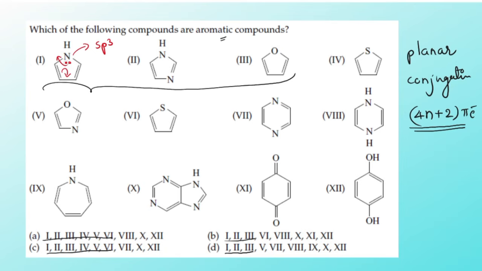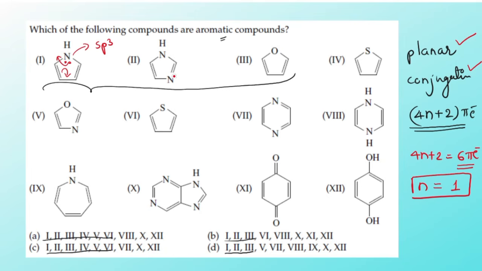Because it is undergoing resonance, it will become planar. Since it is undergoing resonance, it is in conjugation. Because it is in conjugation, it is obeying Huckel's 4n plus 2 pi electron rule where there are 6 pi electrons. So the lone pair is also considered as a pi electron in this case. Then when you solve for n value, you are going to get 1. That means it is aromatic in nature.